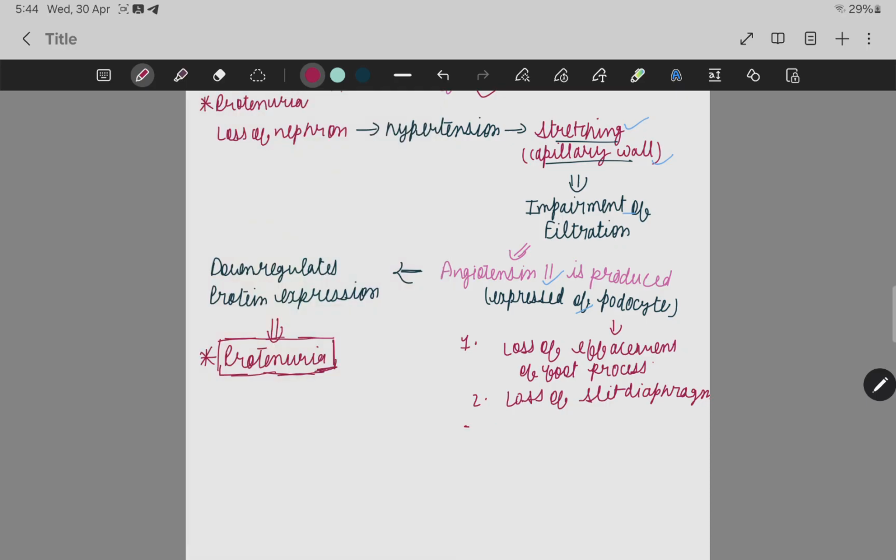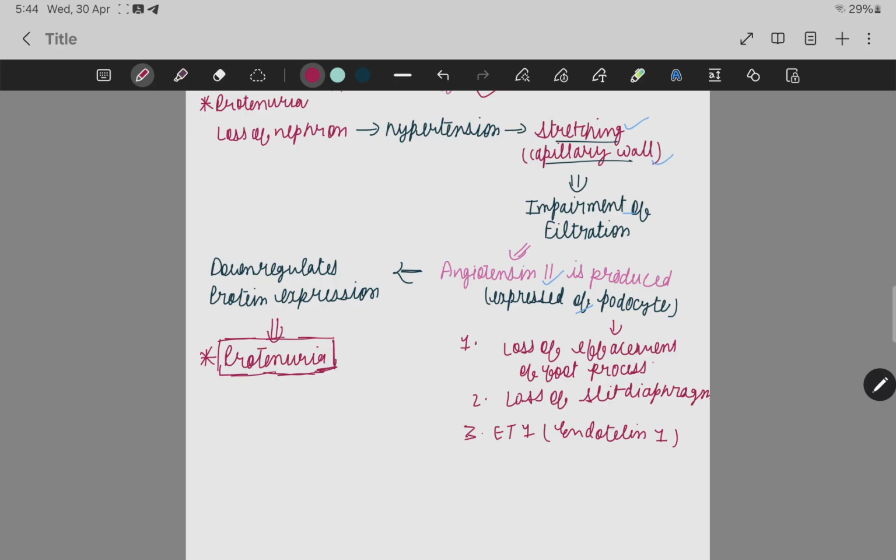This causes release of ET1, endothelin 1.